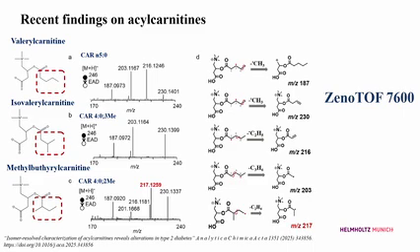Those are very similar, and the only difference is in their branches. Valeryl carnitine is the straight chain carnitine. And if we use EAD using a Z0 of 7,600, we can get some fragments. For example, we can get 203, 216, and 230.